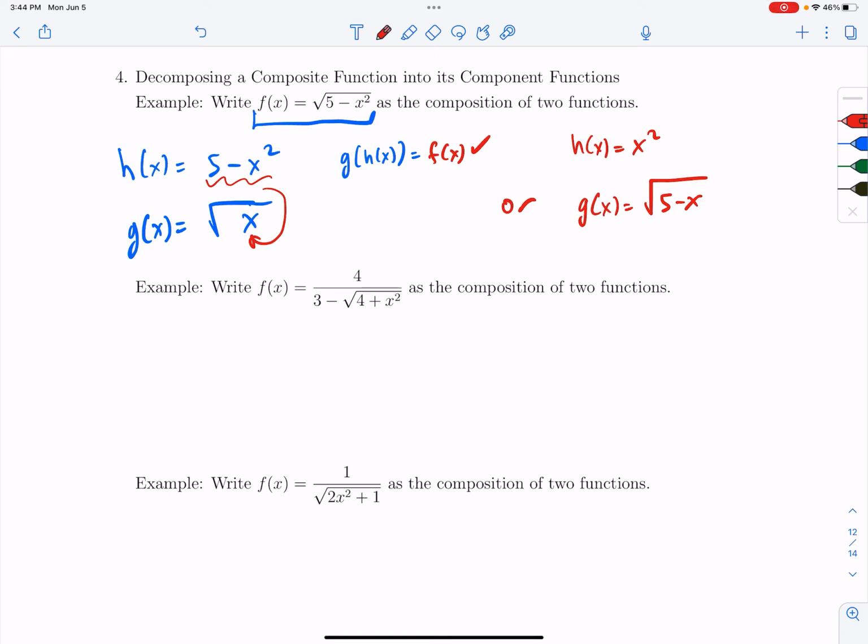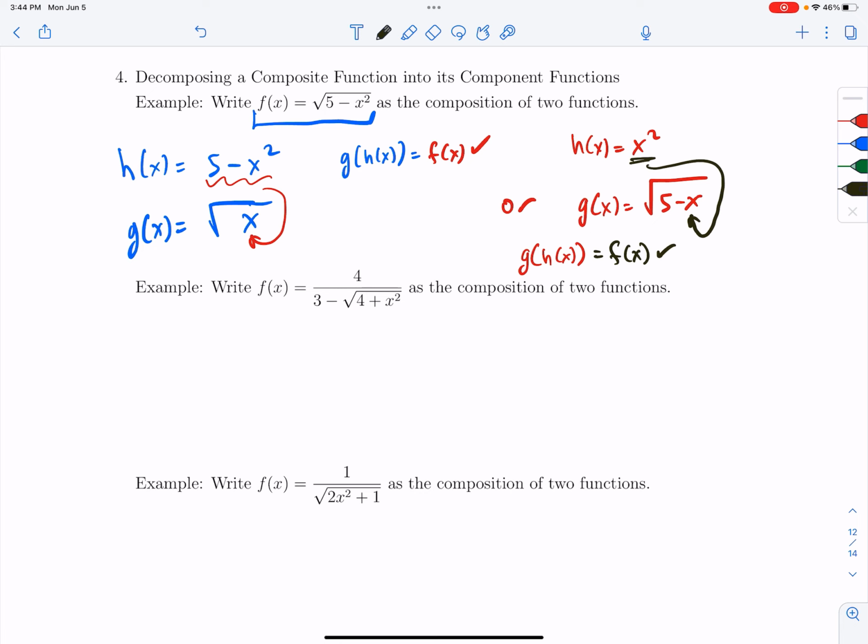If I input the h function into the g function, I'd get the square root of 5 minus x squared, and that is f of x. So we got it. Those are two obvious ways. There are probably other ways, but those are maybe the two most obvious ones.